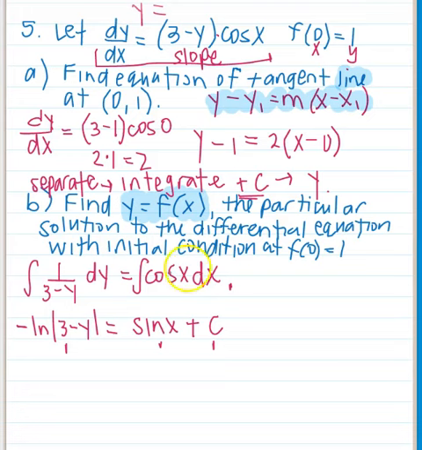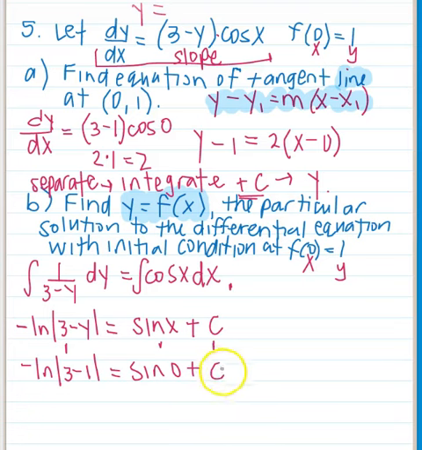Okay, so from here, I'm going to plug in the x and the y. So I get negative ln 3 minus 1 times sine 0 plus c. And now some people are debating: I got this C number and another person in my group got a different C number. It all depends on when you plug in the numbers at what point that you will get different C's.